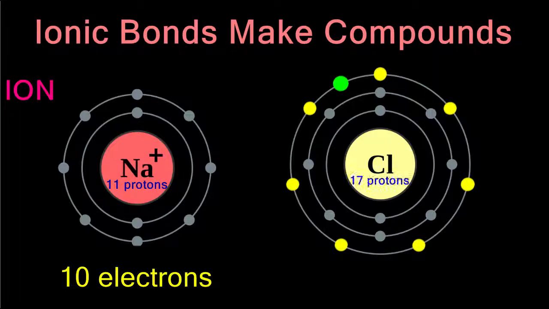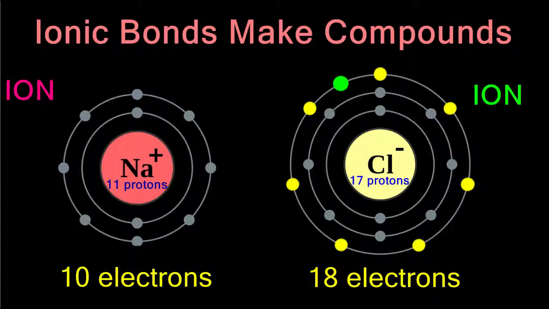Chlorine has 17 protons in its nucleus. After receiving an electron from sodium, it now has 18 electrons in its electron cloud. This means that it has one more electron than it has protons. So chlorine now has a negative charge and is also called an ion. We all know that opposites attract.